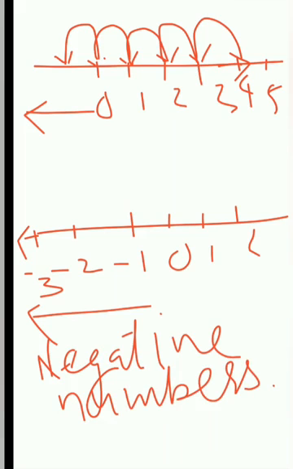So which are the negative numbers? -1, -2, -3, etc. Now we have a new number line which includes the negative numbers. And the numbers like 0, 1, 2, 3, etc. and the negative numbers -1, -2, -3, etc. are together known as integers.